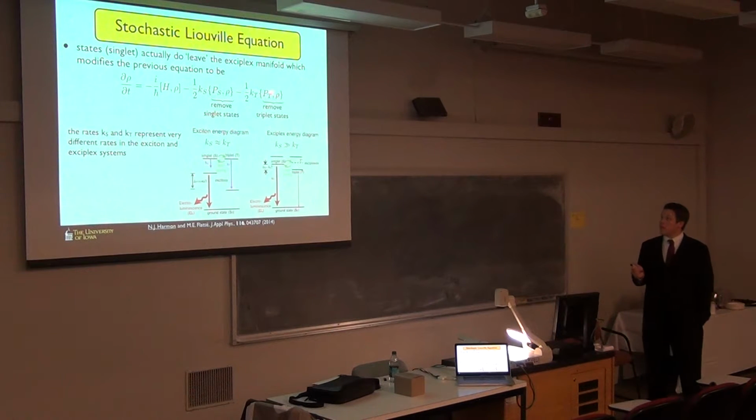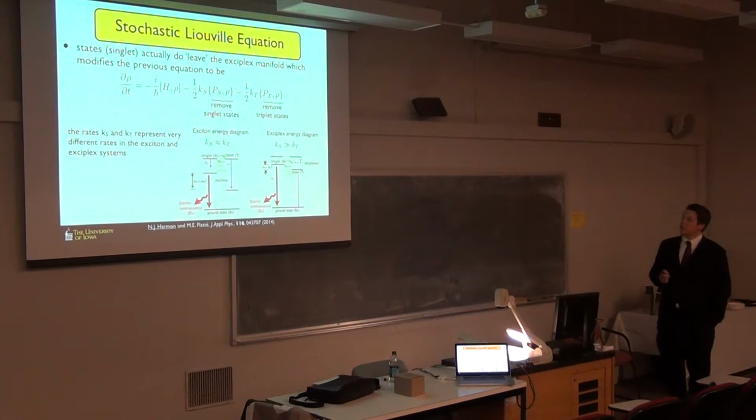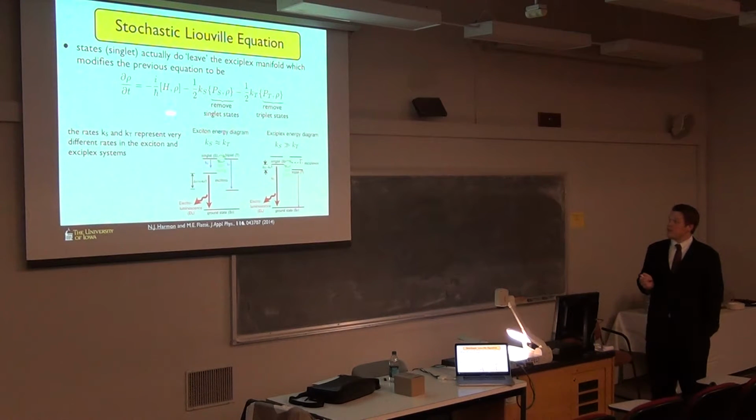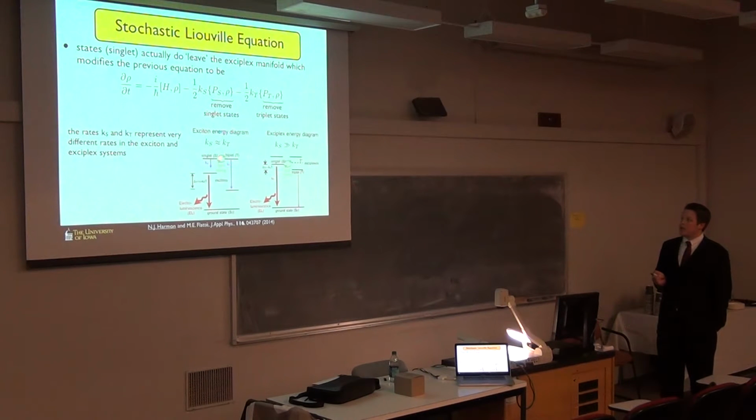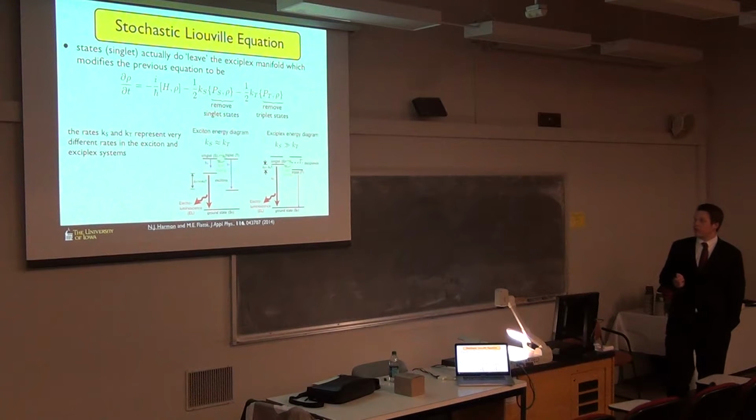So the PS and the PT are projection operators, and these terms are going to remove singlet and triplet states accordingly at rates Ks and KT. Now, as I said before, if we want to rewrite these Jablonski diagrams, in the excitons we have Ks approximately equal to KT, and in the exciplex energy diagram we have Ks much greater than KT.